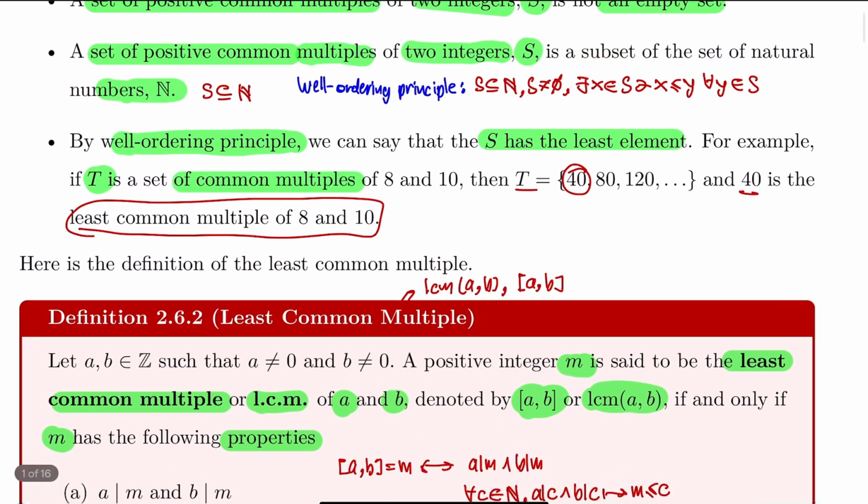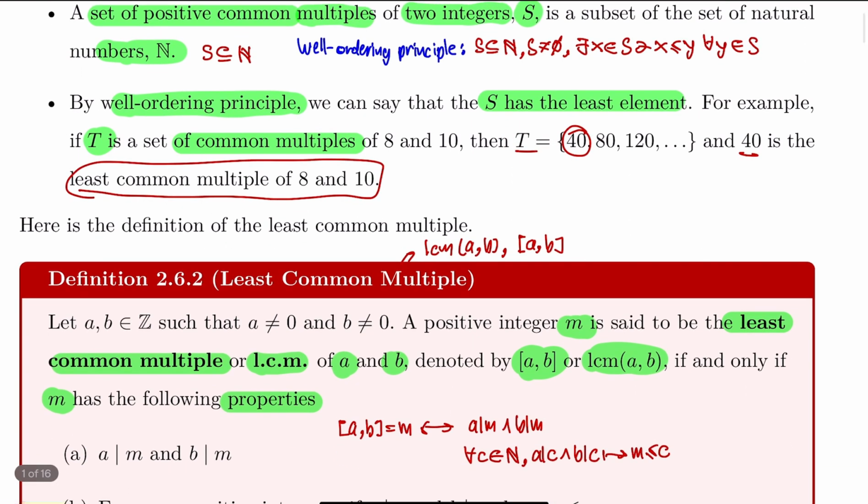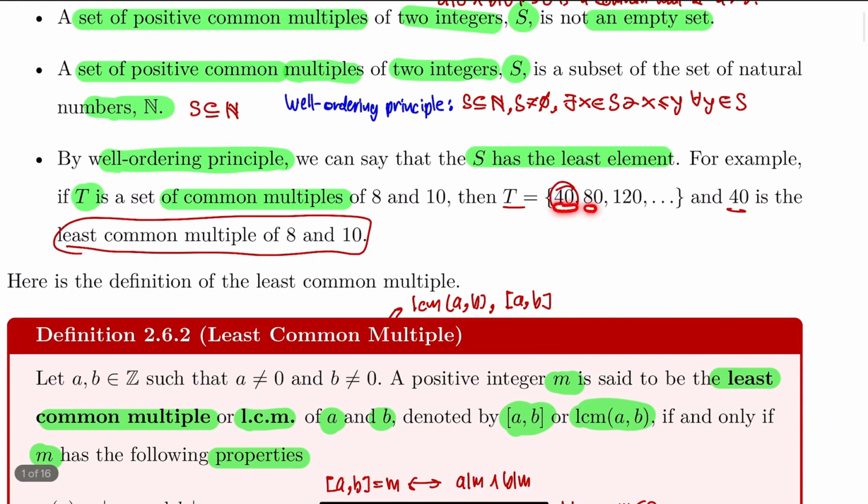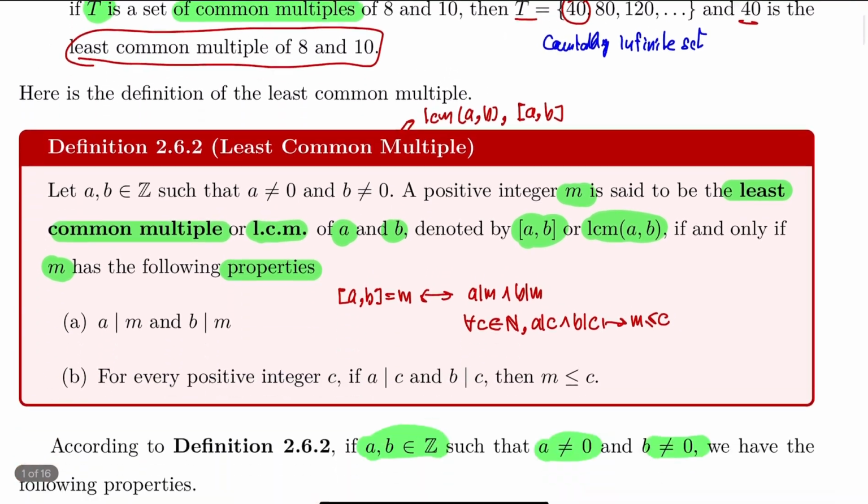For example, this set T right here is the set of common multiples, and we have infinitely many common multiples. It is a countably infinite set.